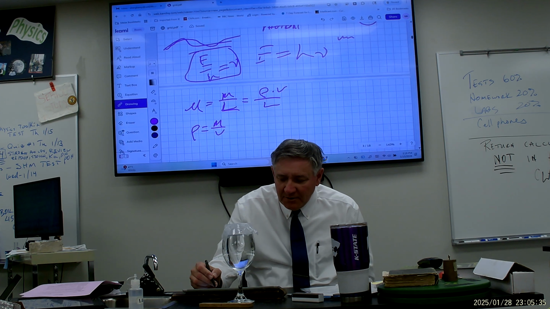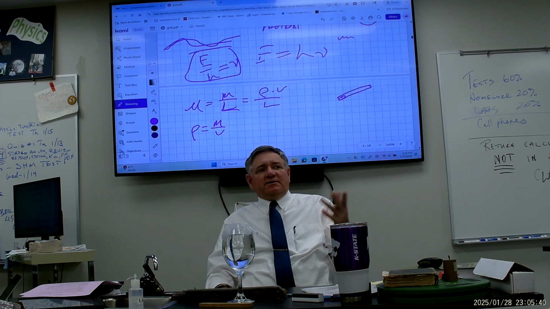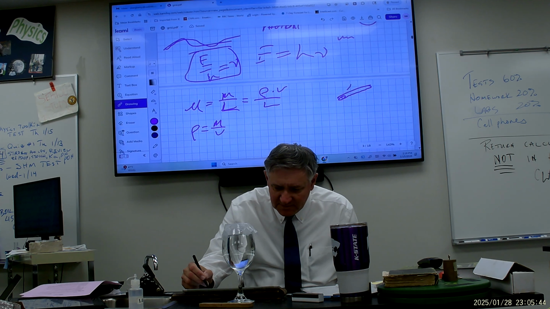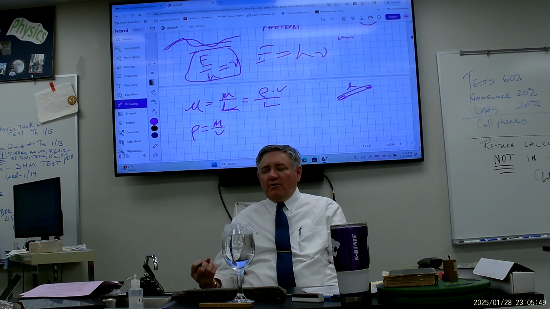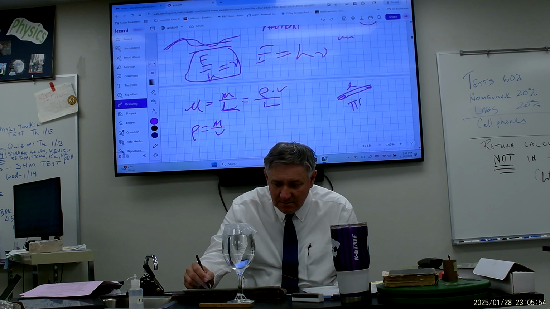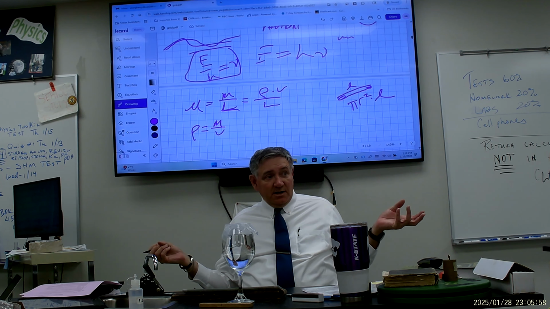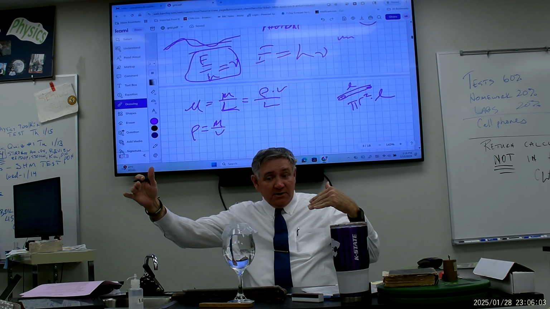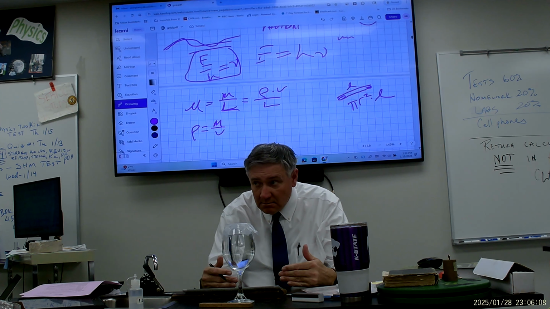Okay. Now, if you have a string, if you think about it, it is a cylinder. If you have a cylinder of a certain length and a certain cross-sectional radius, how can you find the volume of a cylinder? Pi r squared times length in this case. I want to put it in terms of length. So your pi r squared is your cross-sectional area, L is the length. Do you get the correct units? Sure.